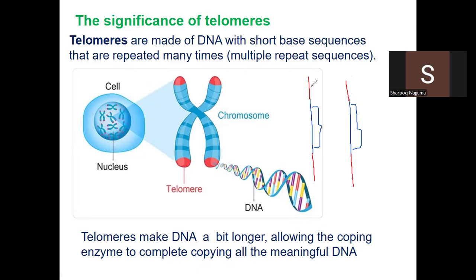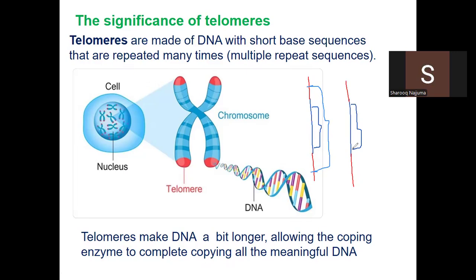So assuming the copying enzyme comes in, it will be able to copy all this information from this length to this length, including the telomeres, which are not coding for any protein, but we shall also have all the important genetic information, all the genes, copied. So that is what this statement means: telomeres make DNA a bit longer, allowing the copying enzyme to complete copying all the meaningful DNA.